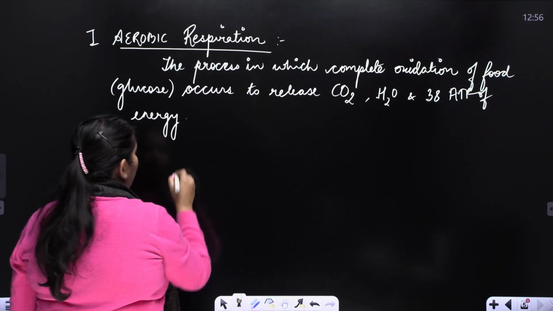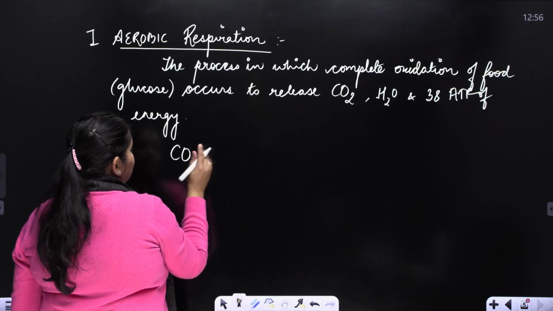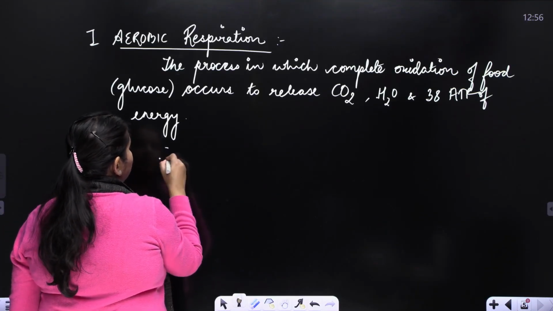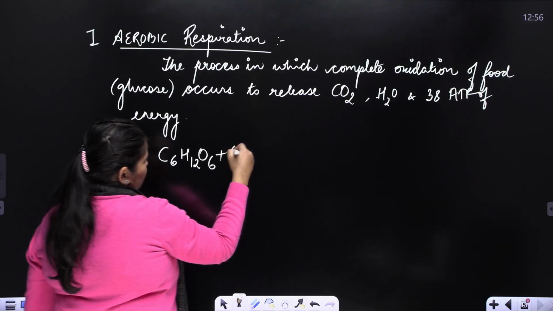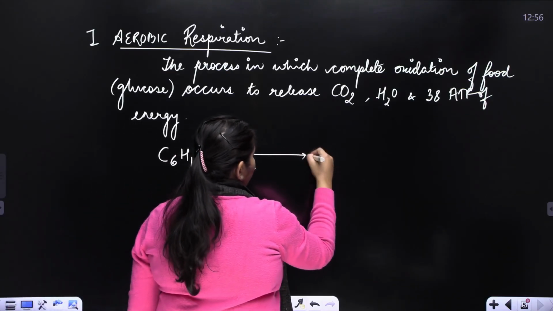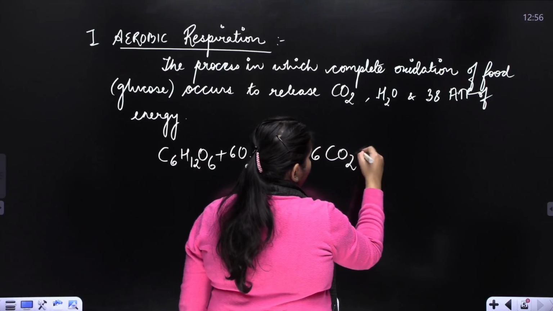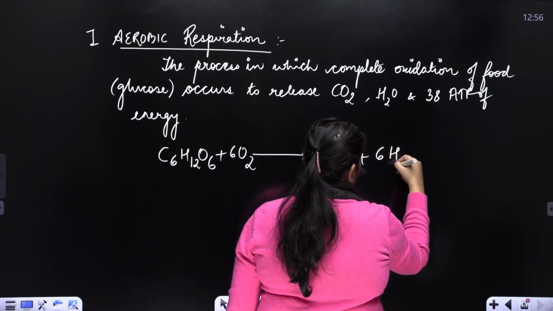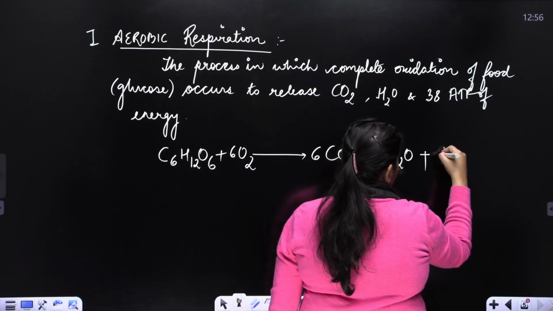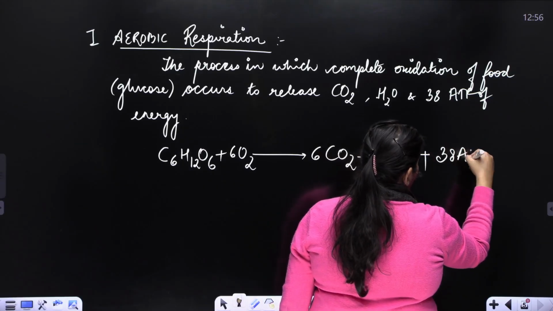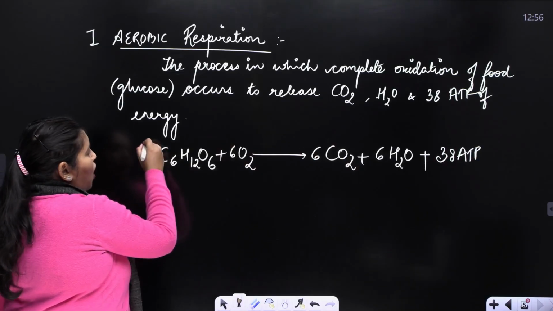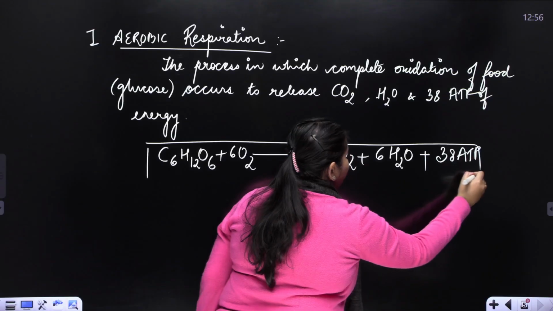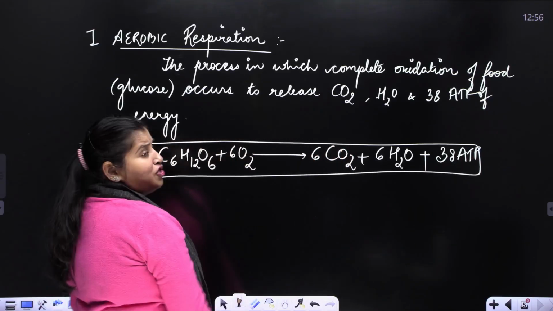And this will be followed by again the same equation, which is C6H12O6, giving you carbon dioxide, water, and 38 molecules of ATP. So this is how you will write if it comes in the form of a definition.